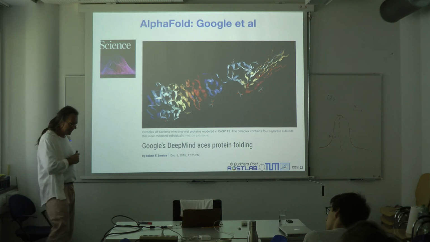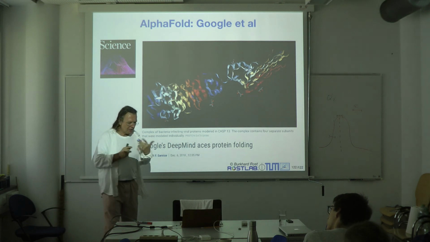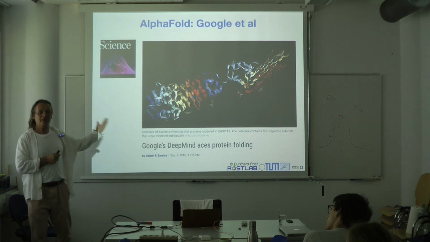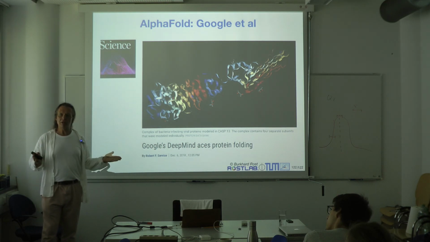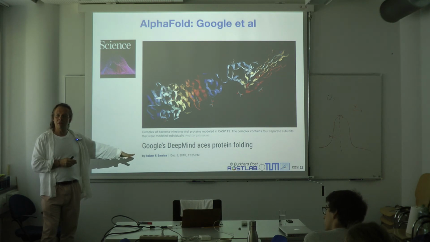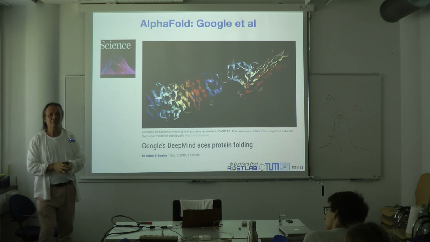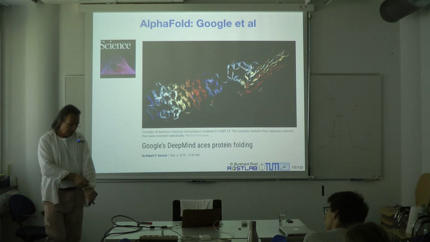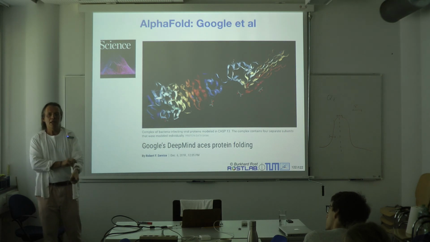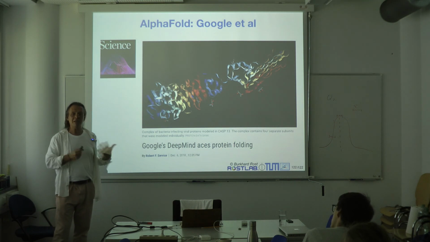On the other hand, for many of the predictions, there was a model from some other prediction method that was better than the Google one. On average, they got the best result. And we don't quite know how it was done. The talk is available from the engineers. We do know it's deep learning, and we do know that there's a lot of muscle underneath.